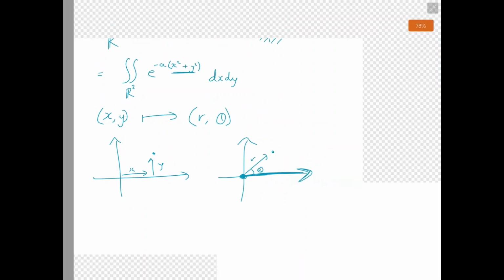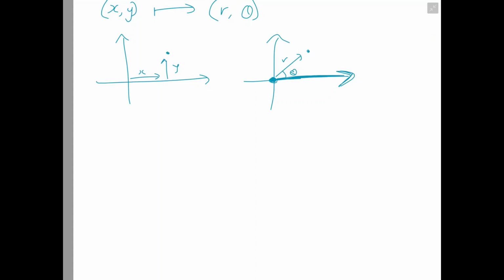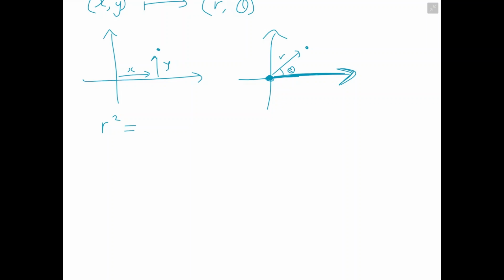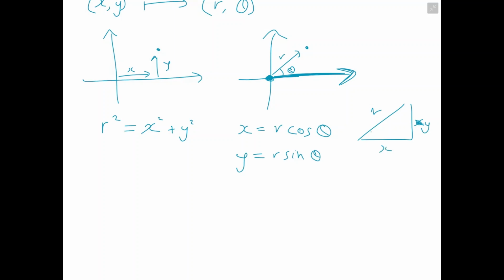So using some basic trig and Pythagoras theorem, we could see that r squared is the same as x squared plus y squared, and x is equal to r cos theta, and y is r sine theta, which makes sense if you think about the right angle triangle, with this being y, x, and theta.